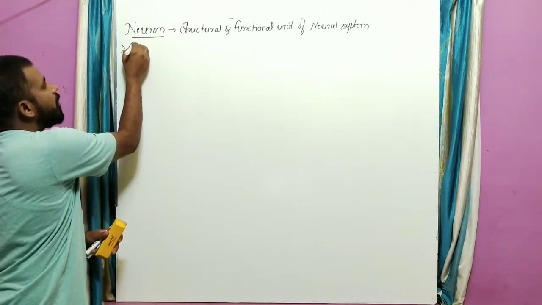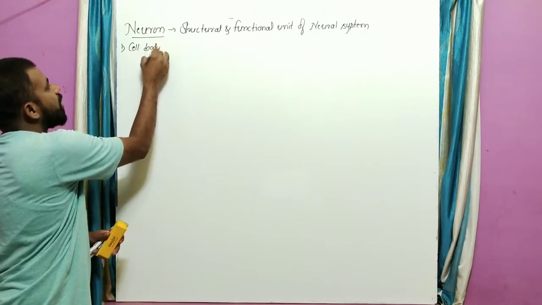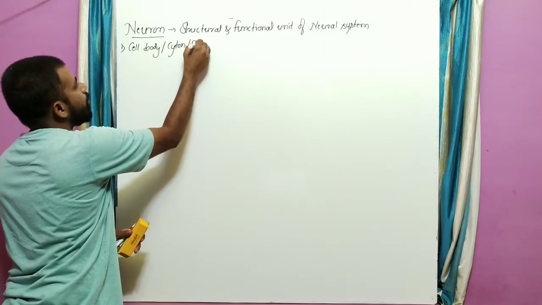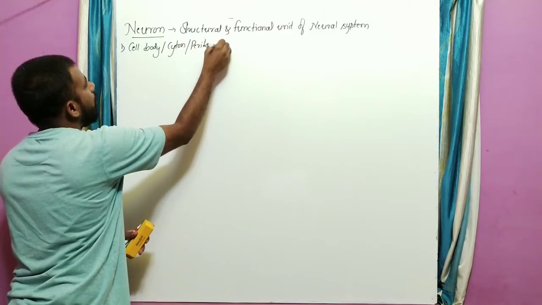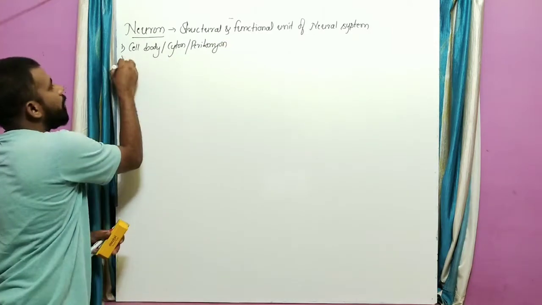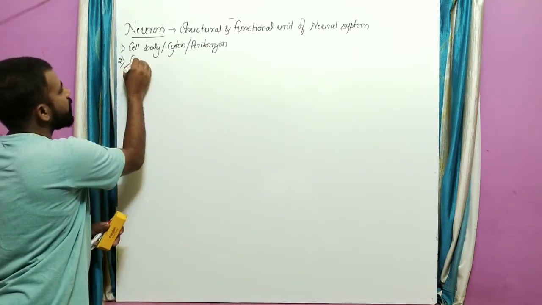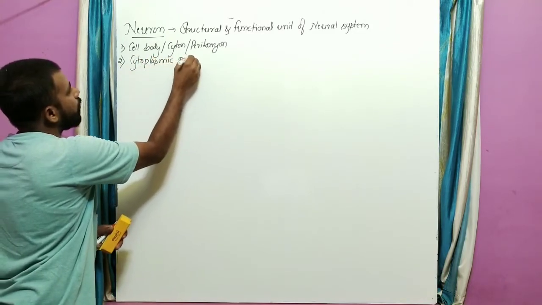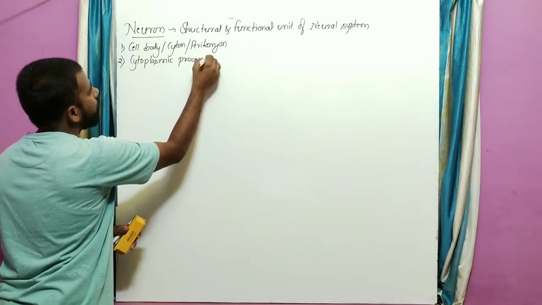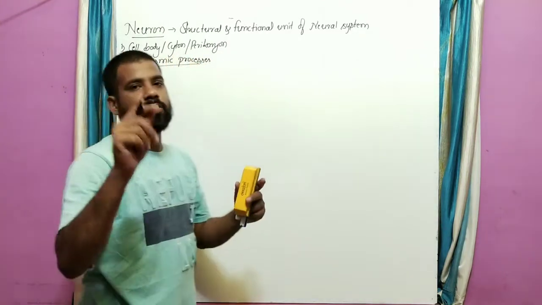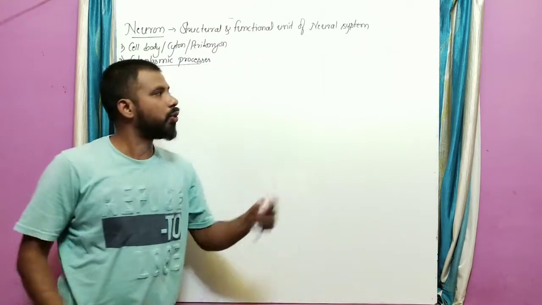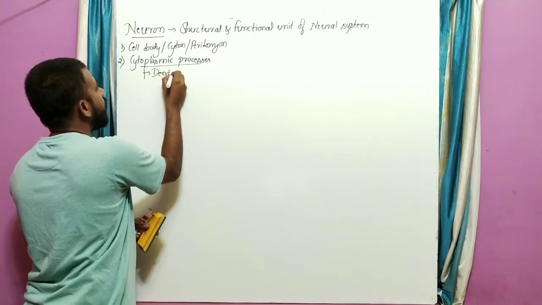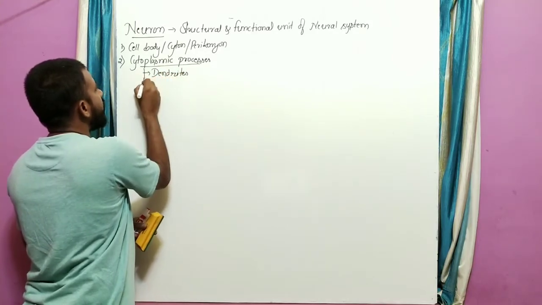One is the cell body, which is also called cyton, perikaryon, or soma, and the second one is the cytoplasmic processes. There are two types of cytoplasmic processes in a neuron, which are dendrites and the axon.